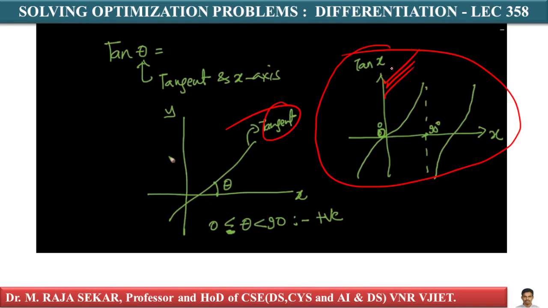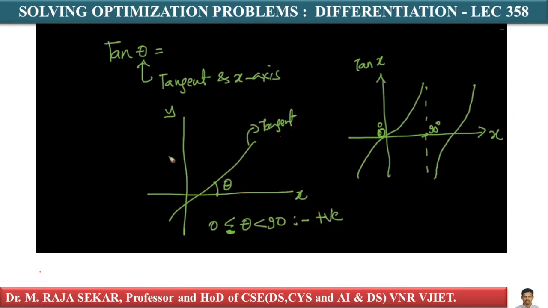How does tan theta look? This is important to note. If 0 is less than theta less than 90 degrees, your tan theta is positive, isn't it?